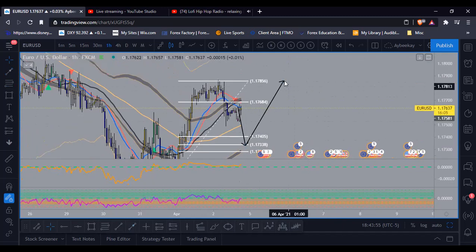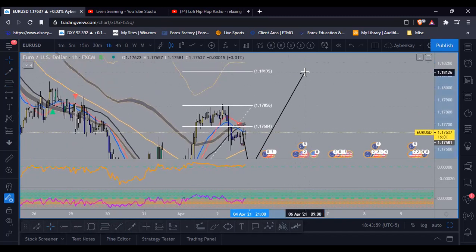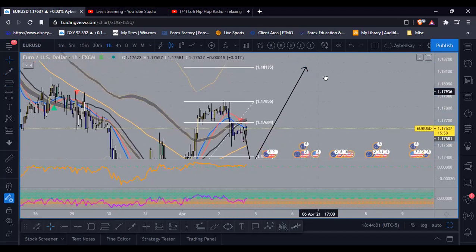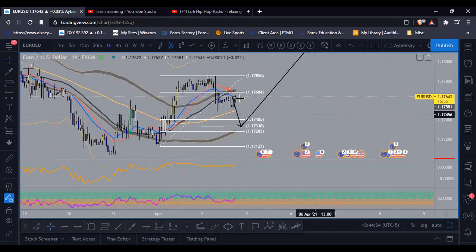So I might actually get into this sell with a small risk. I'm not risking anything near the amount that I'm risking on the bigger move. But just to get into a trade, a push to the downside continuation.